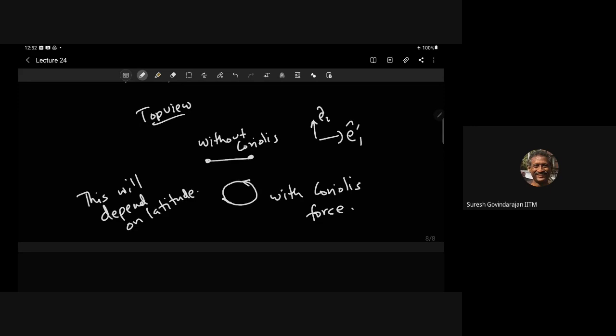Because it depends on latitude, you can use it to measure latitude. You can also use it to prove that we are in a non-inertial frame. So this is what we'll work out next class.